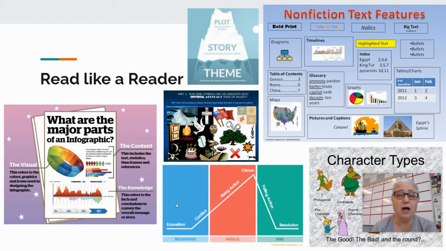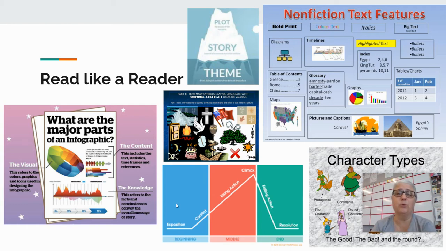And then we get the conflict. That's where you've got the protagonist or the main character in conflict, or kind of fighting against either the antagonist, another character, or it could be a force of nature, or it could be something within themselves.